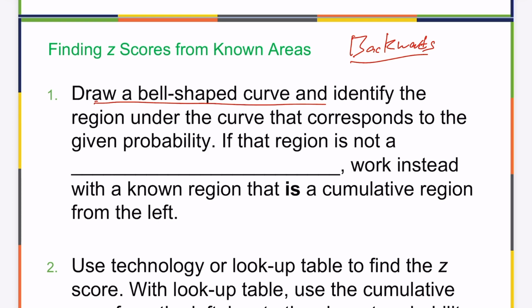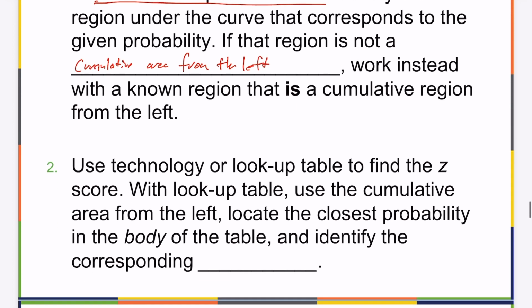If that region is not a cumulative area from the left, then you're going to need to work instead with a known region that is a cumulative region from the left. Then use technology or a lookup table to find the z-score.